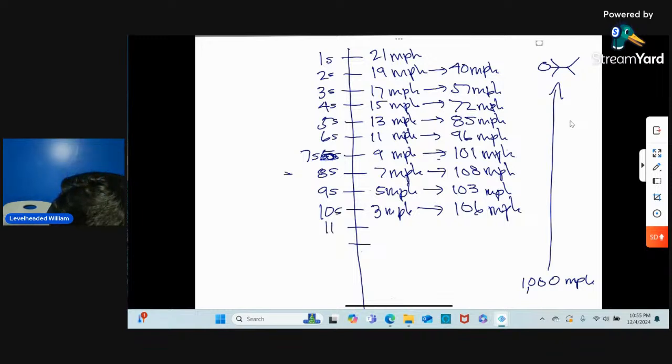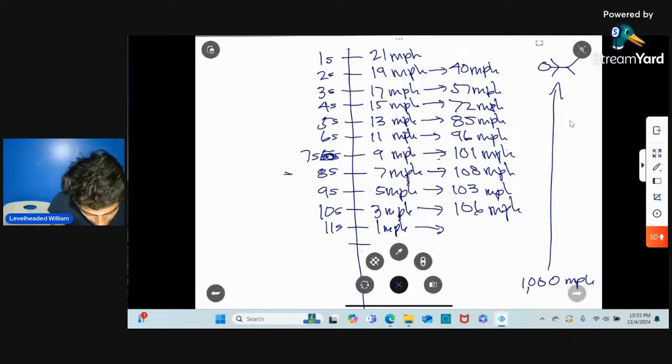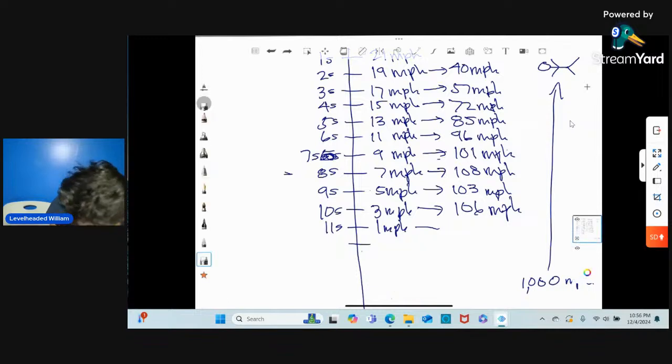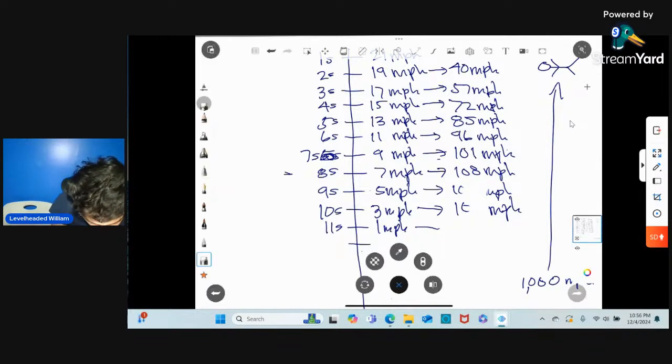So at 11 seconds, it's 1 mile per hour, which is, I don't even know if I did the math wrong right here already. Bear with me. Here, I did the math wrong here. So bear with me.